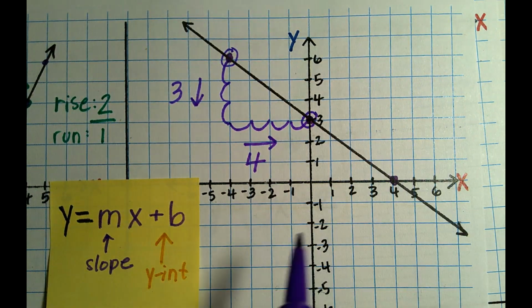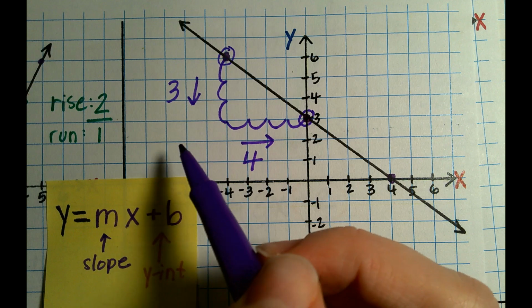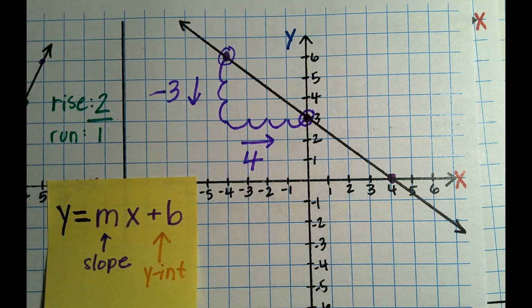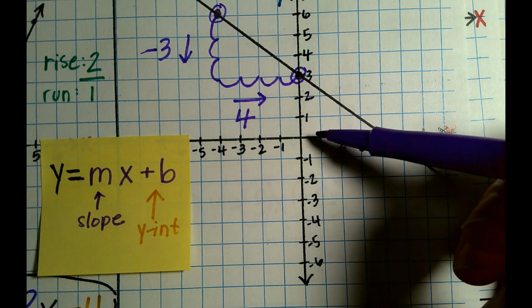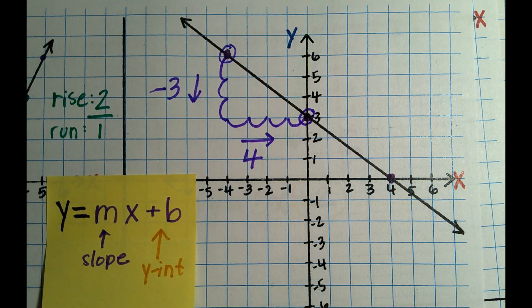Good. Now, because we went down 3, what does that say about the sign? Negative. Yes, -3. When we go down, it is negative, just like when we go down on the graph, we have negative numbers. Anytime we're moving down, it's because of a negative number.